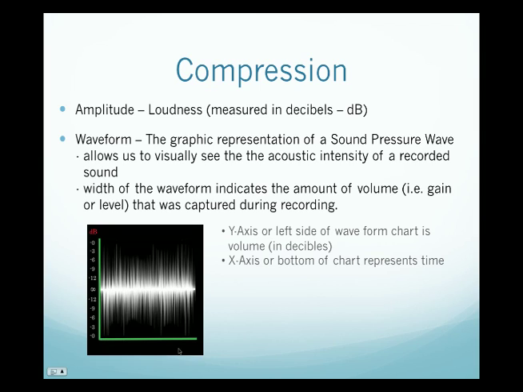The bottom axis of the chart represents time. So as this performance continues to happen over time, we're able to see how the waveform reacts over time. Does it stay steady, or does it bounce up and down?